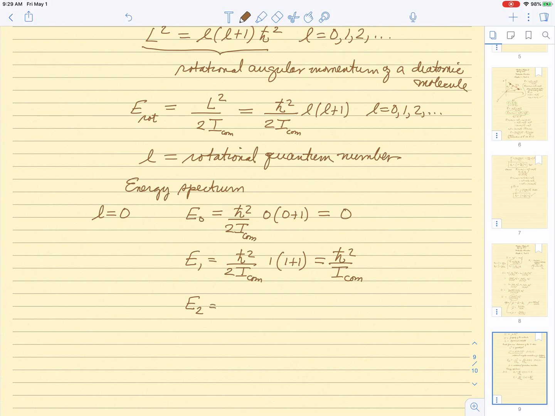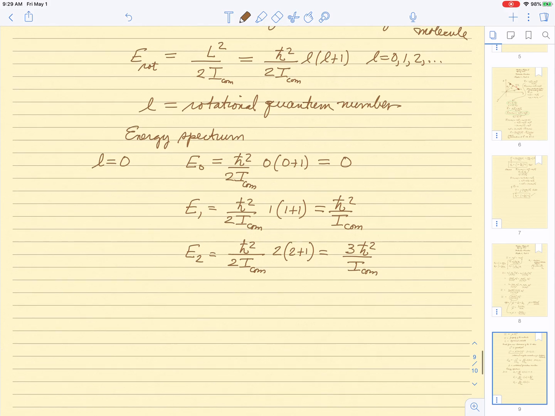Go to E2, it's going to be h bar squared over 2I center of mass, times 2 times 2 plus 1, which is going to be 3 h bar squared over I center of mass.